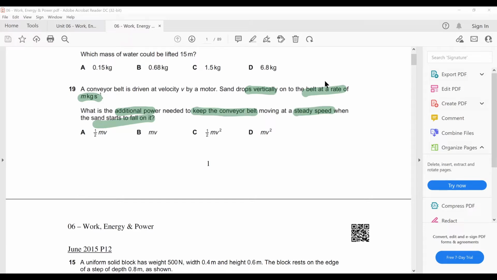So we try to visualize a bit on what's happening. This is your conveyor belt, for example. Okay, yeah, this is a very poorly drawn version of it, but you get the idea. Okay, so something is dropping sand onto your conveyor belt.